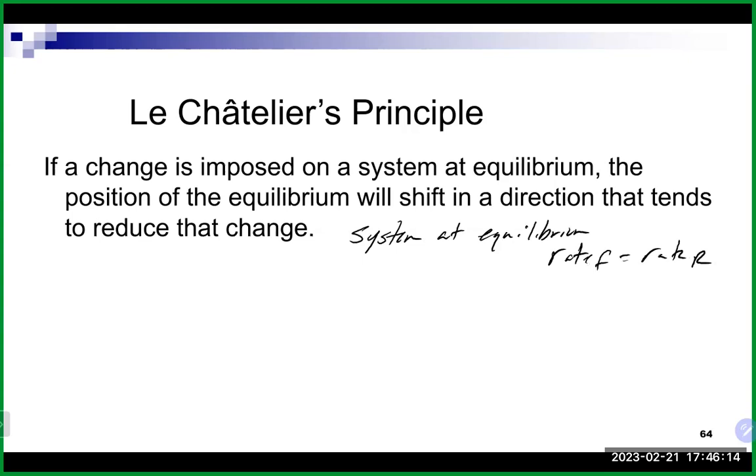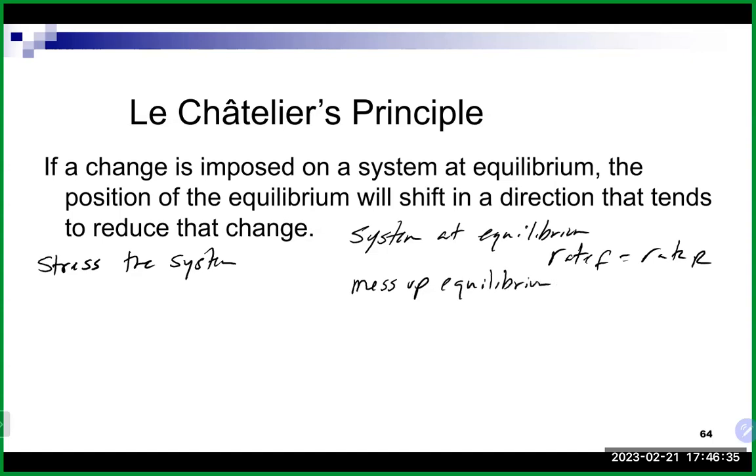So when we do have this system at equilibrium, we do something to stress the system. And basically what that does is when we add a stress to the system, it, for the lack of a better word, messes up this equilibrium.